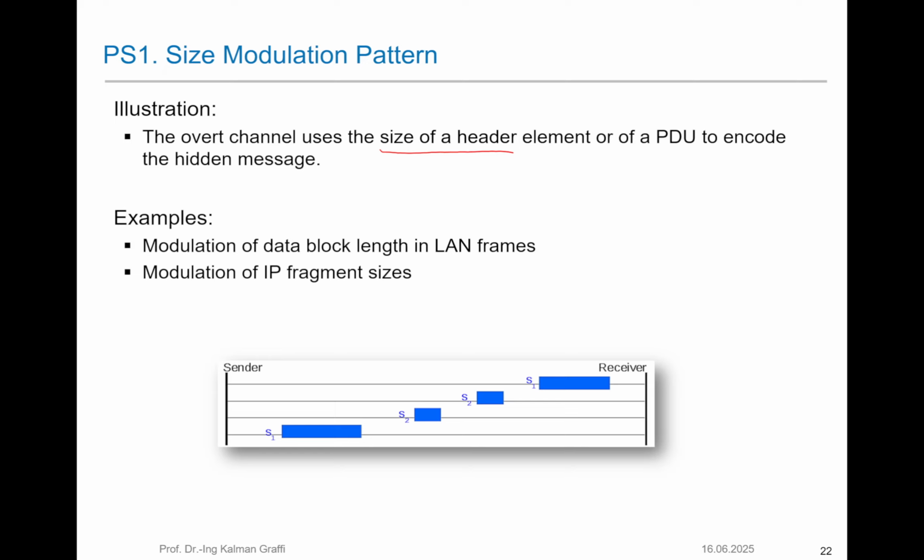So as an example, you could just adapt the length of your messages, if you have the ability to, and encode the information in this pattern. What you can also do is, for example, IP supports the fragmentation of files.